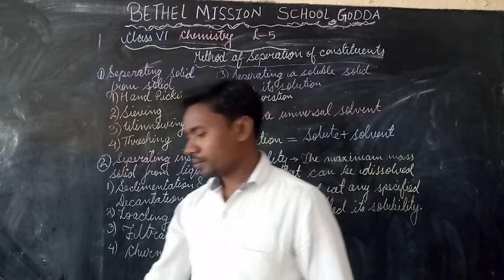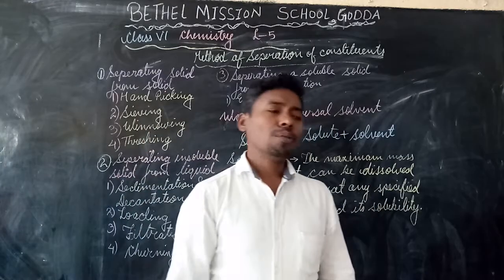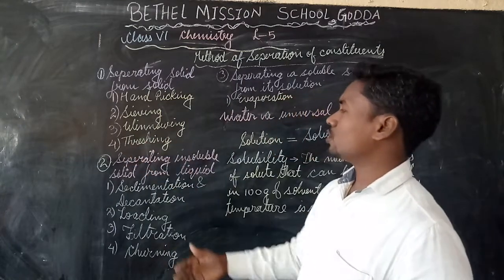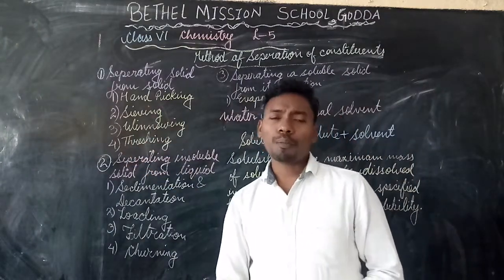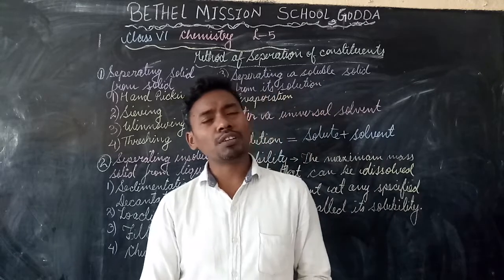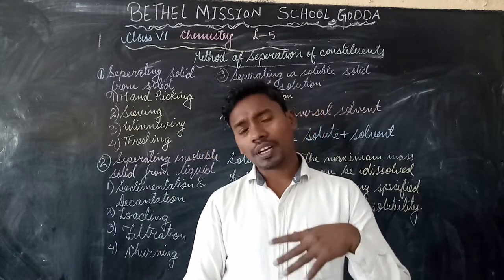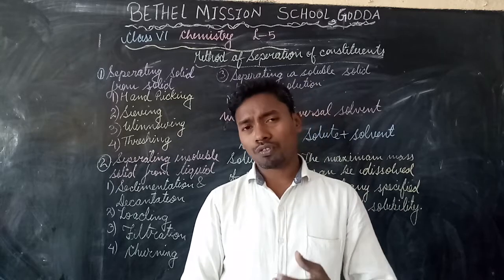And then one more process of separating two different solids is threshing. Threshing is also a very commonly used process, especially again by the farmers, when they want to separate a hard substance from a soft substance.